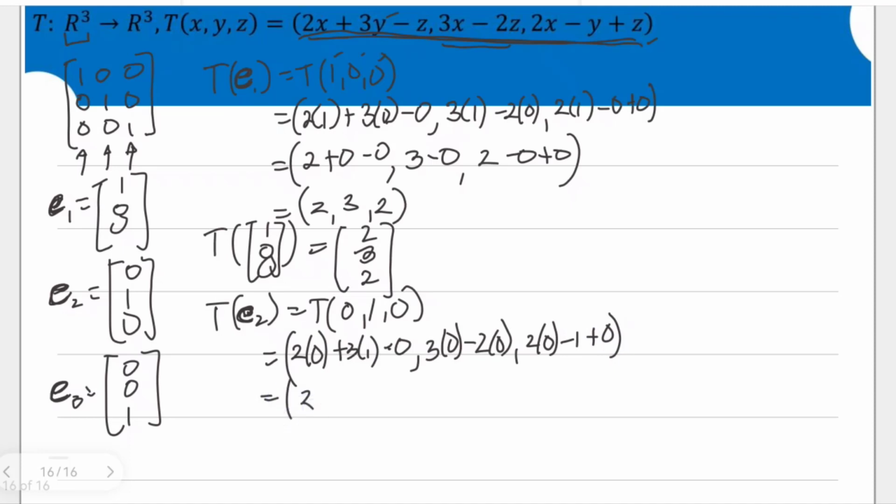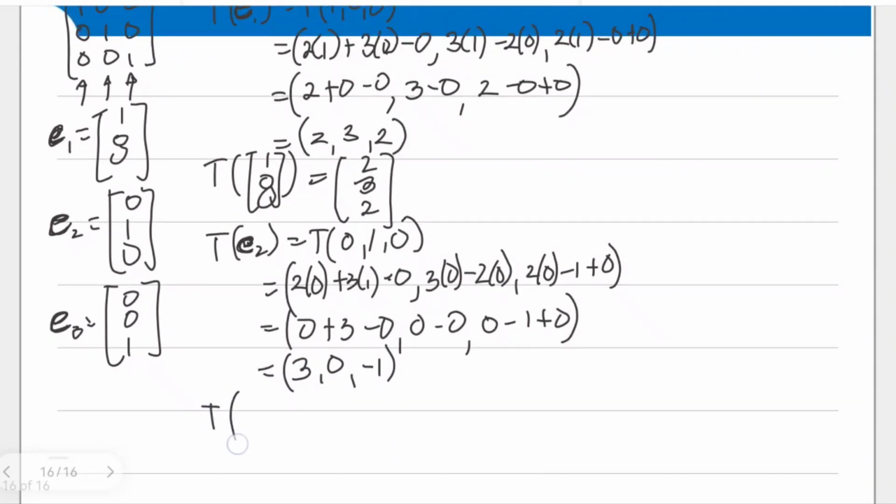That's 0 plus 3 minus 0, 0 minus 0, 0 minus 1 plus 0. So the result here is 3, 0, and negative 1. So 0, 1, 0 maps to 3, 0, and then negative 1.